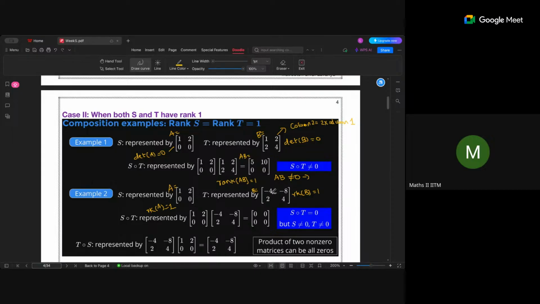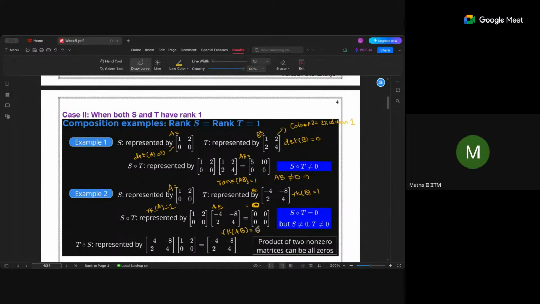So rank of B is 1. Now what is A into B? A into B is 0. The matrix is 0 matrix. What is the rank of the 0 matrix? 0.